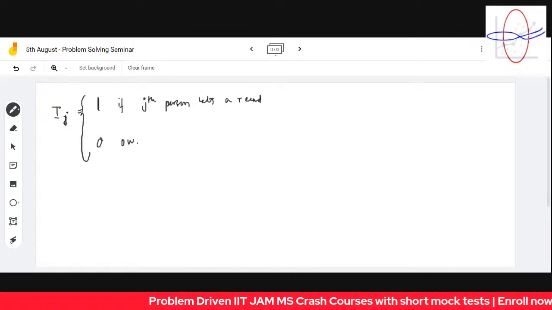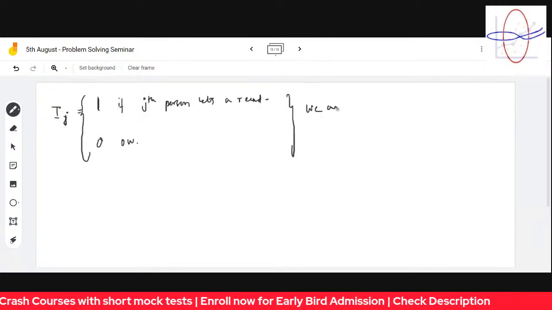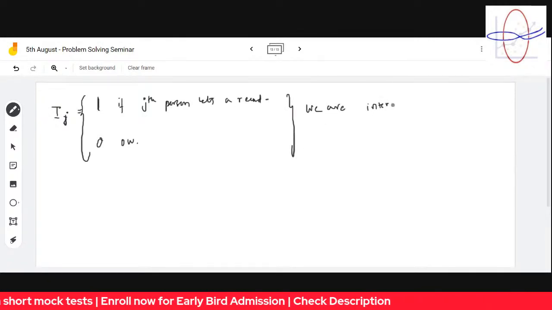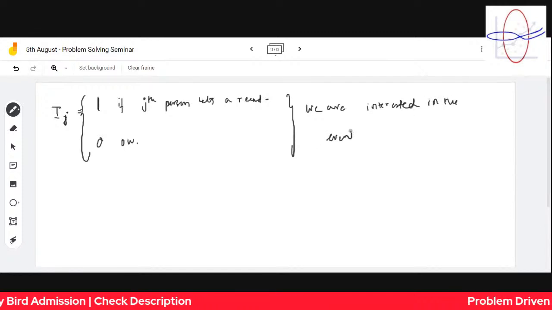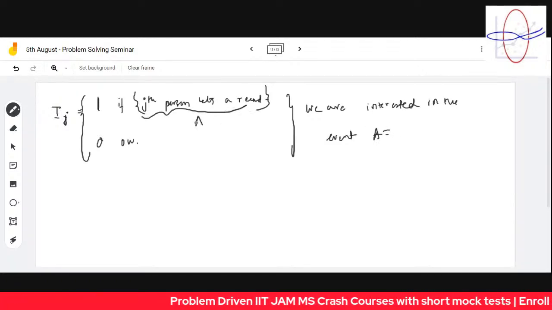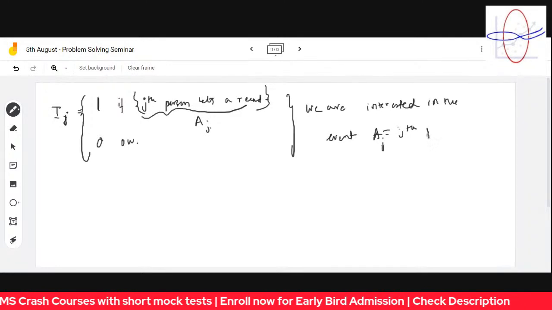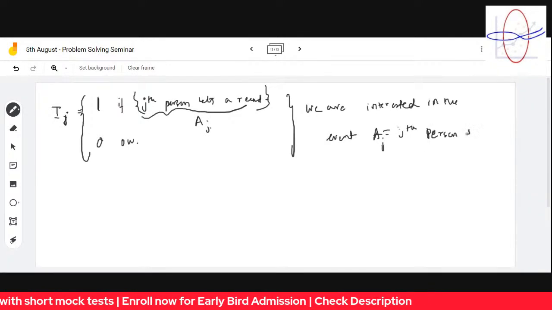Why are we defining this, guys? Because we are interested in the event A, this is the event A. Shuprabhu was asking about this. We are interested in the event A_j, that the jth person sets a record, right, Shuprabhu? Yes, sir. So that's why.